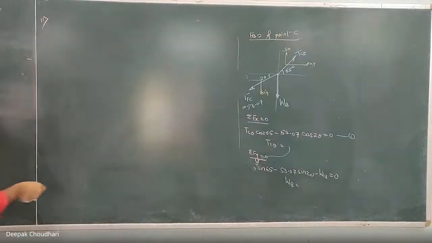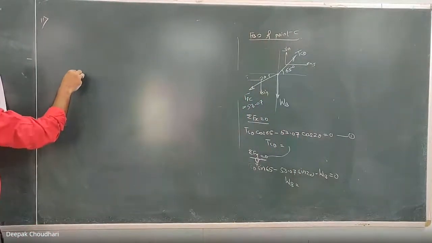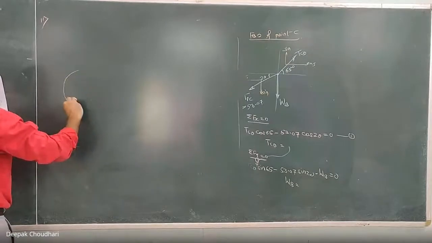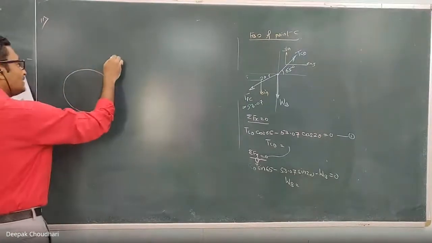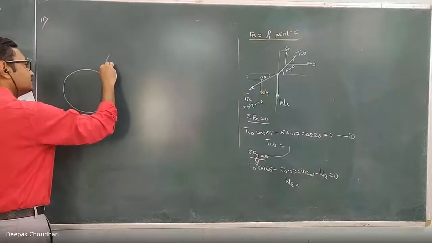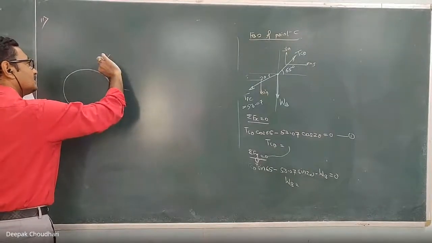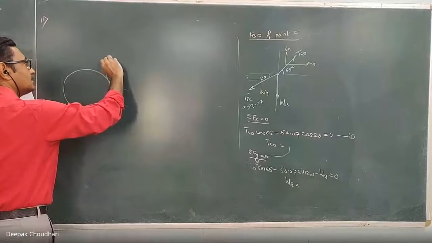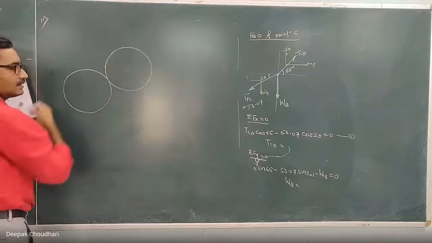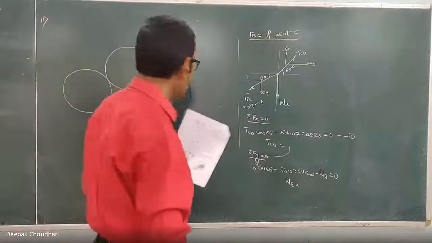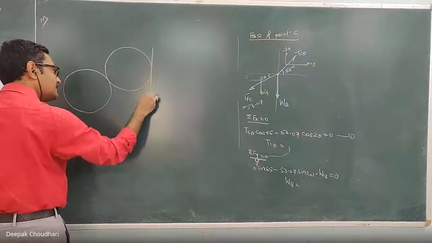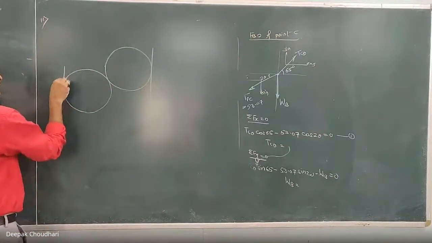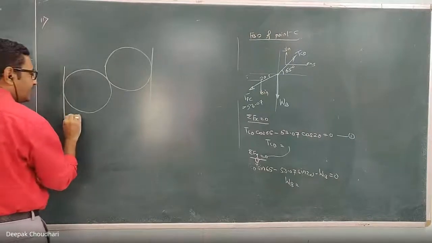This is very common and famous question in the exam. Here some cylindrical or spherical bodies are resting in one container. So here these are the 2 spherical bodies. Yeah, they are resting in one container. So both the surfaces are vertical and base is inclined.